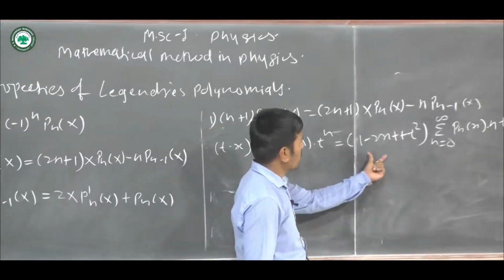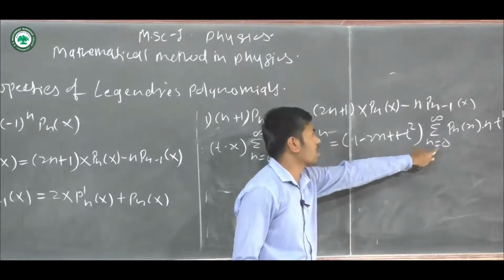Now just multiply the bracket with these polynomial terms.